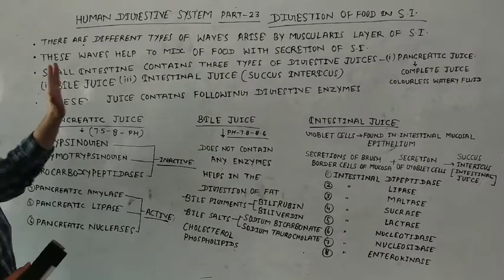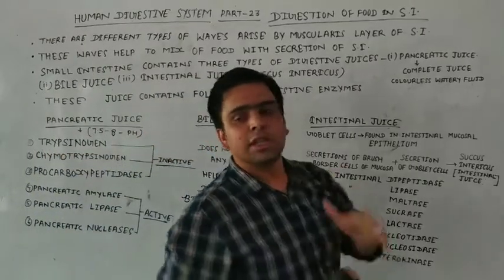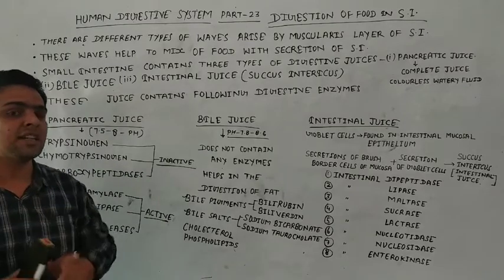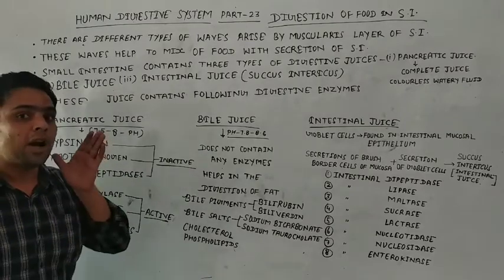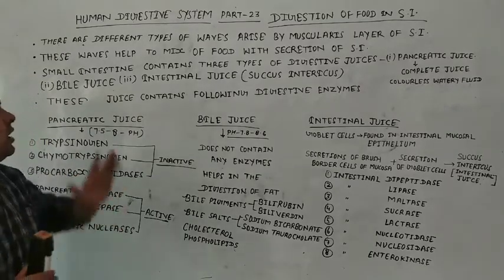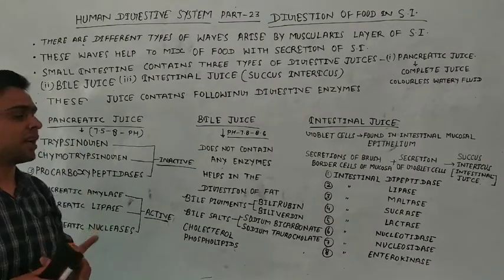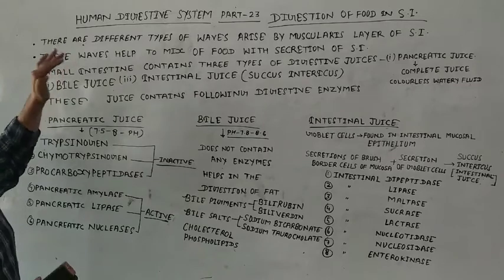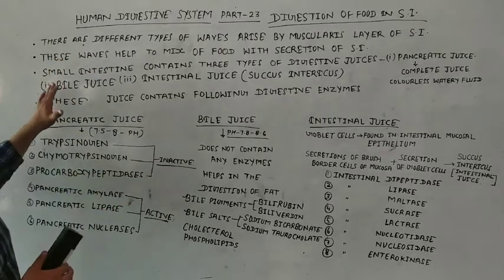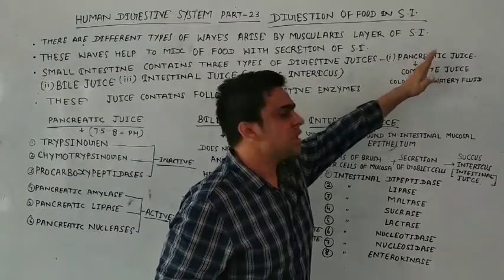Students, small intestine contains three types of digestive juice. As we discussed before, the small intestine is the main part of our gastrointestinal tract where the maximum part of food gets digested. So basically there are three types of digestive juices found in our small intestine. The first one is pancreatic juice.